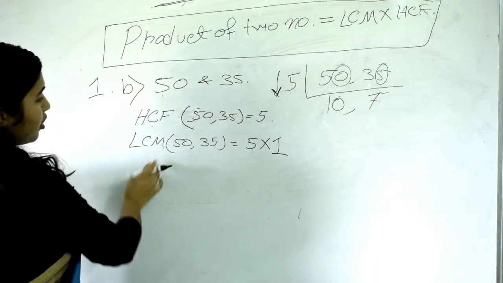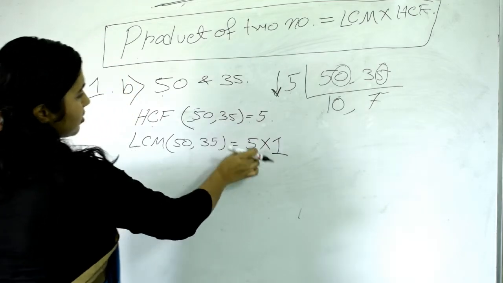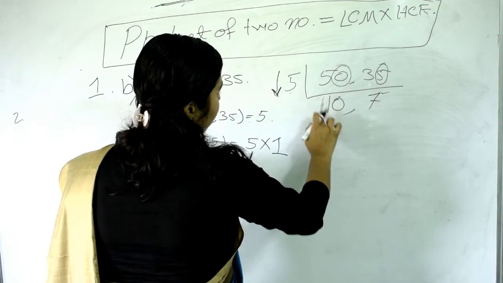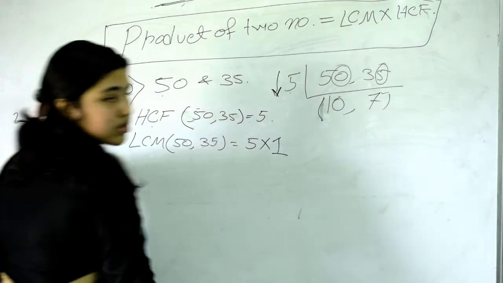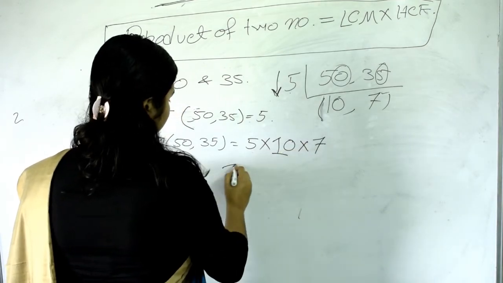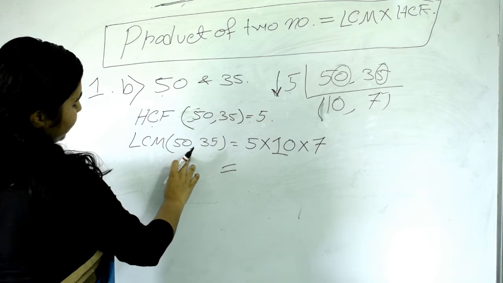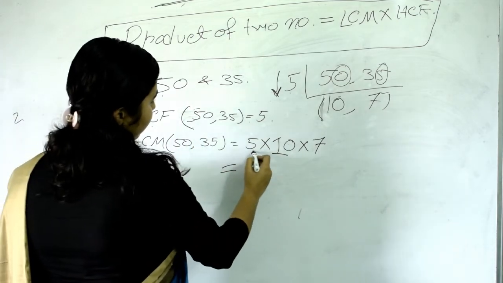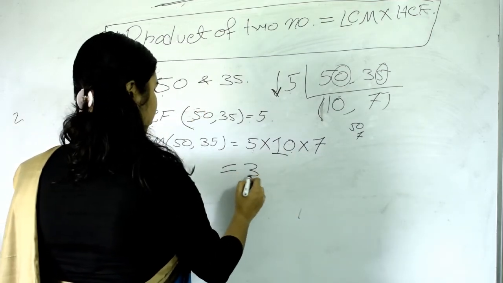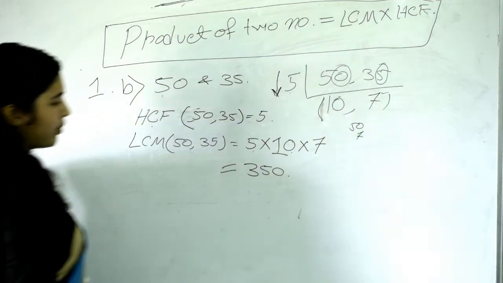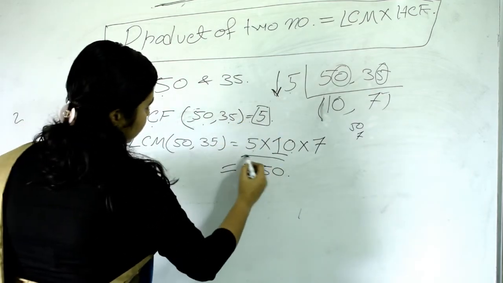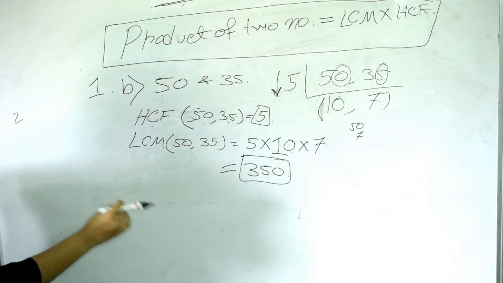But for LCM we have to take the common factors and also the last row numbers. So LCM of 50 and 35 will be 50 into 7, 350. So HCF of 50 and 35 is 5 but LCM is 350.